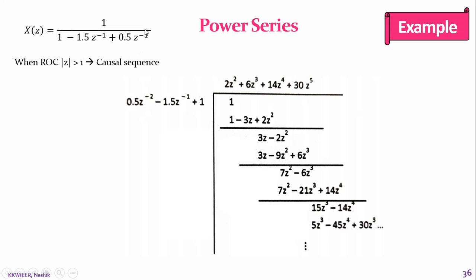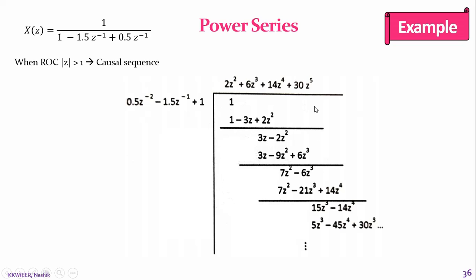Now X of z can be given as 1 upon 1 minus 1.5 z raised to minus 1 plus 0.5 z raised to minus 2. Now how to calculate the inverse z transform? From this you have to take an inverse z transform. So for that we are going to use the power series or long division method.